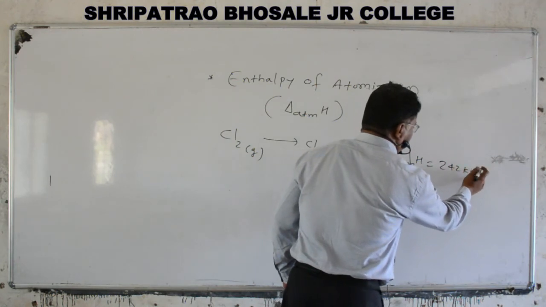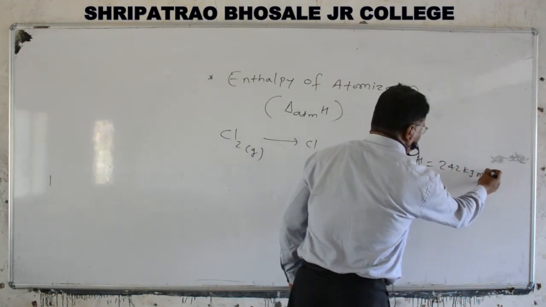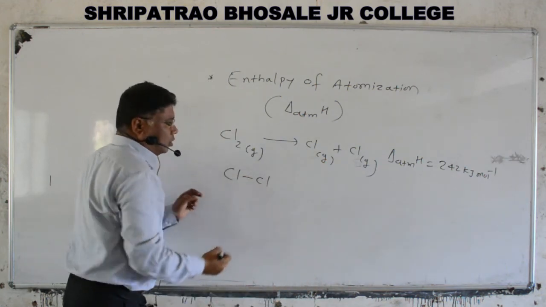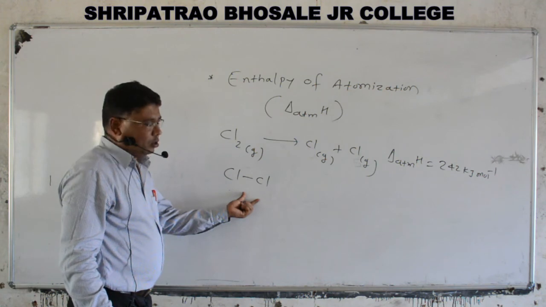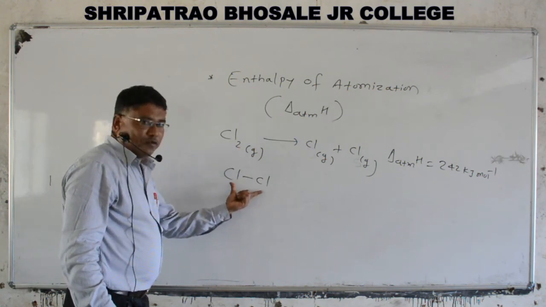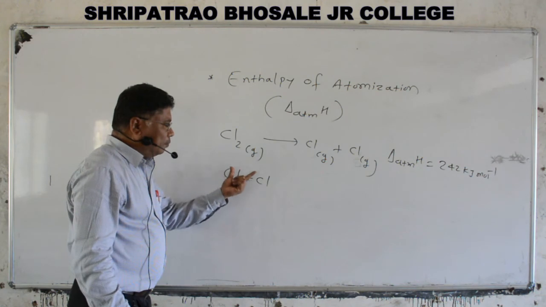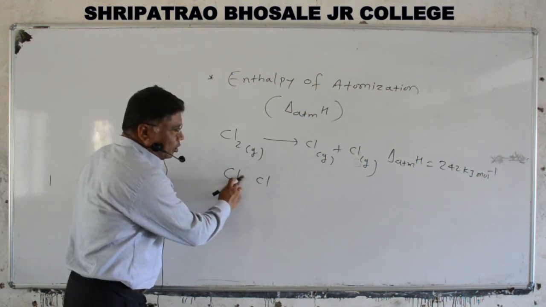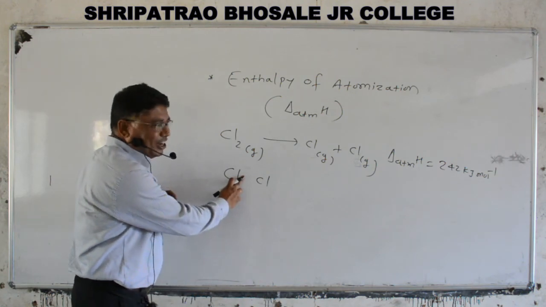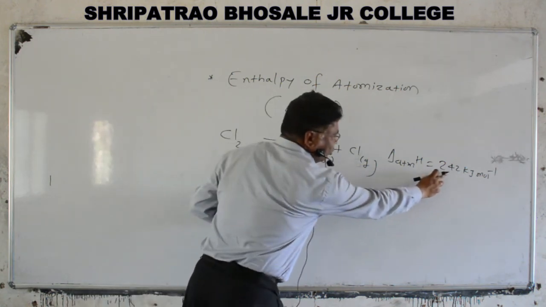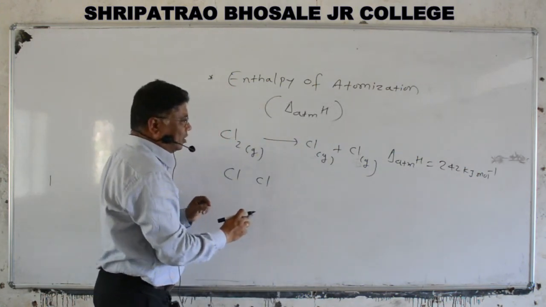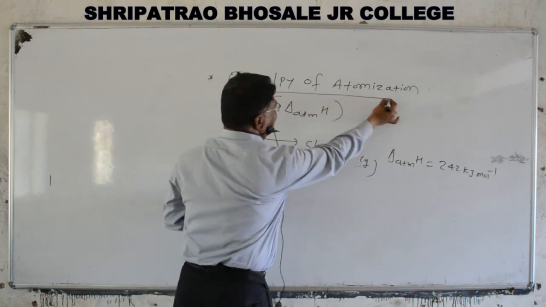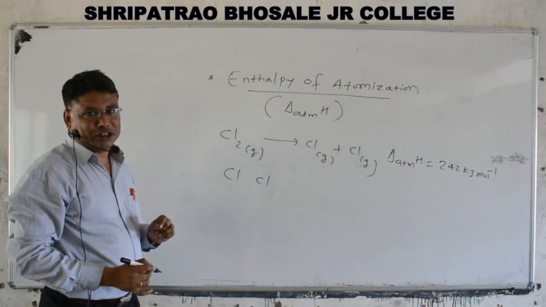This chlorine is bonded with a covalent bond. One molecule of chlorine consists of two atoms of chlorine. To separate these two atoms, we have to break this bond. How much heat is required? 242 kilojoule of heat is required. And the enthalpy change taking place during this process is called enthalpy of atomization.